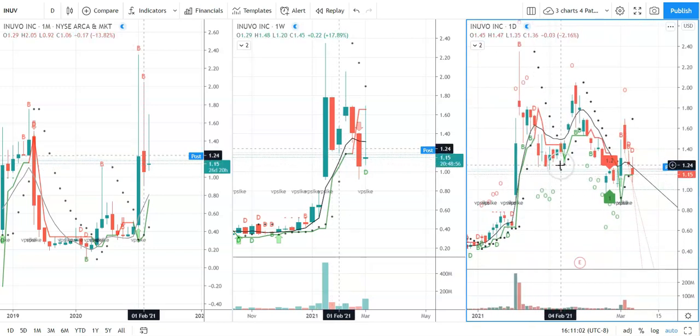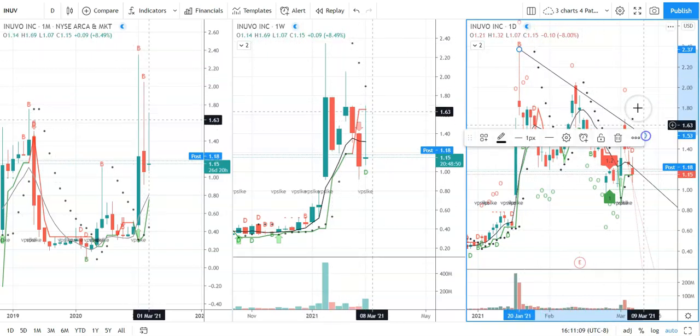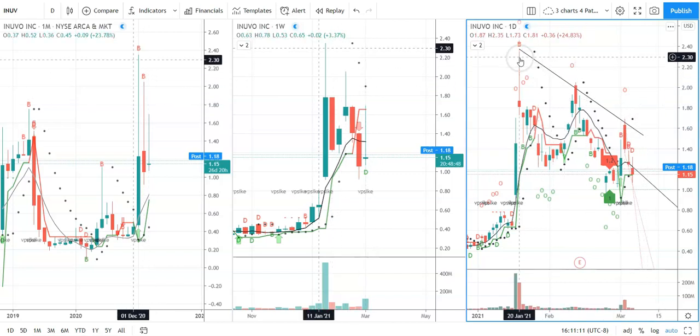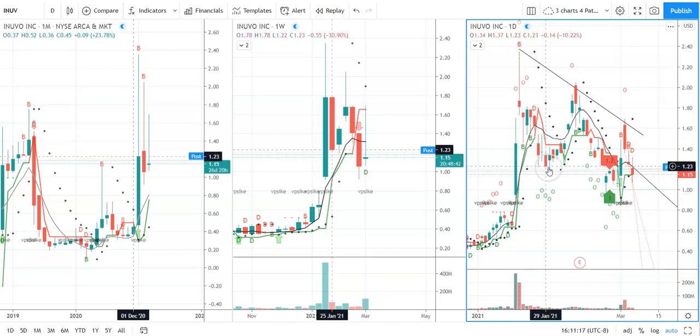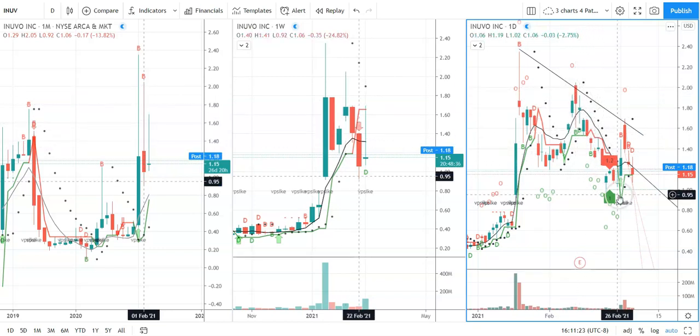So the first thing I can see is we're starting to put in lower highs. So what does that mean? Well, going back to January 20th, we hit a high of 2.35 and then we dropped. We rebounded. We hit a high at 2.05. We dropped.